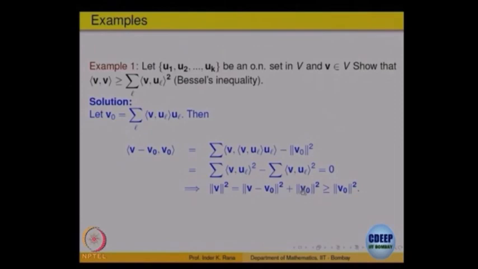Here, if you drop one of the two square terms, you will get bigger than or equal to. Basically what we are saying is these Uls are mutually orthogonal, so look at this and expand.